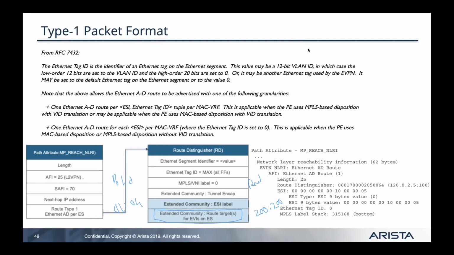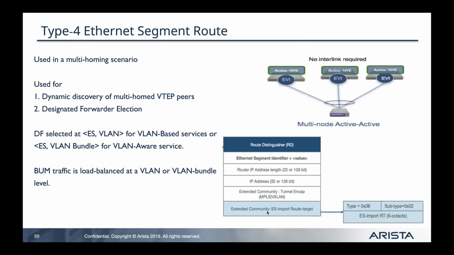But if you see type 4, this is the Ethernet segment import route target. This is the route target you have configured under port channel 10, 0104, and that will be shared. So this is the difference between type 1 and type 4. Both have different purposes.